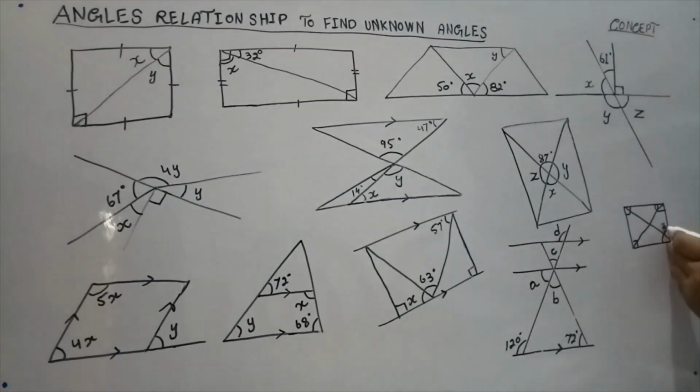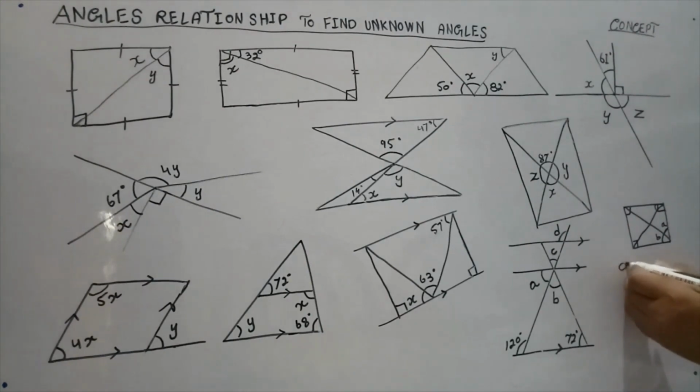Let me write angle A here and angle B. Angle A is equal to angle B in a square because the four sides are equal and the diagonals bisect the angles. Bisect means to divide something equally into two parts. So this angle will be equal to that angle, and the total angle is 90 degrees here.